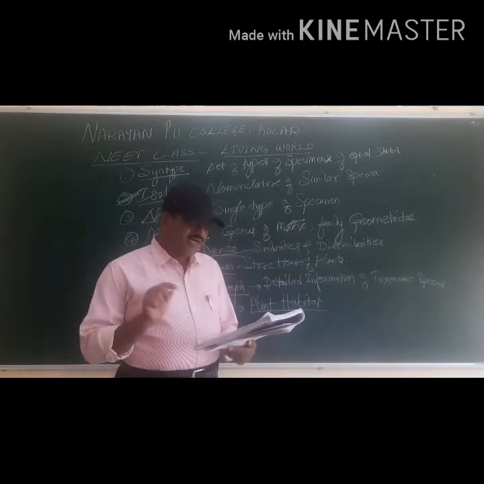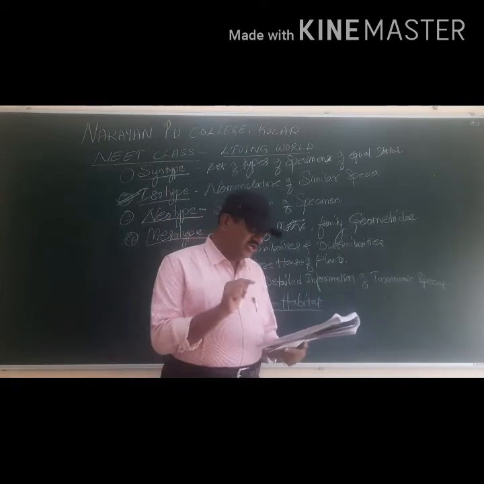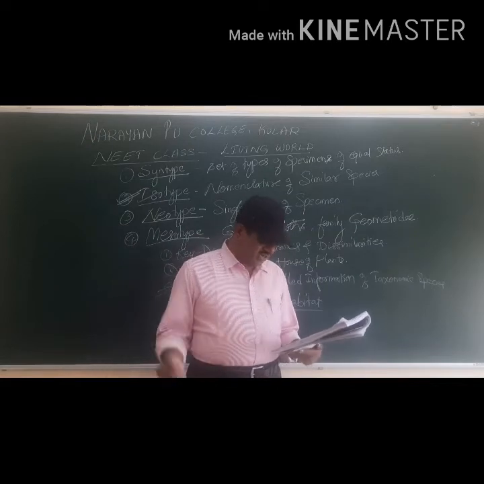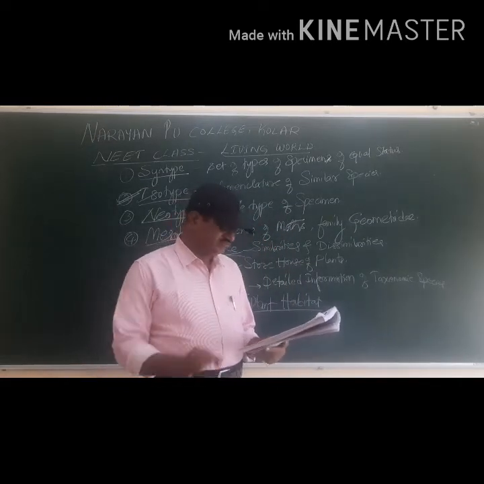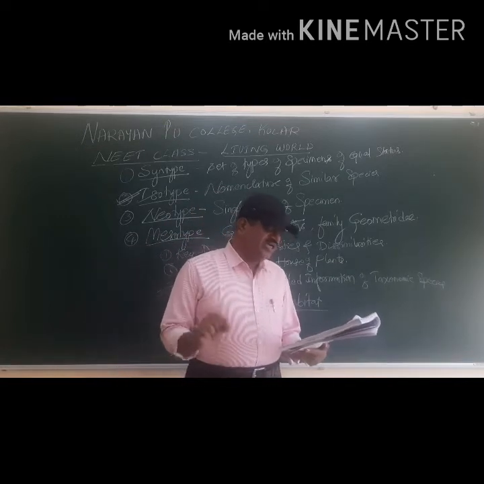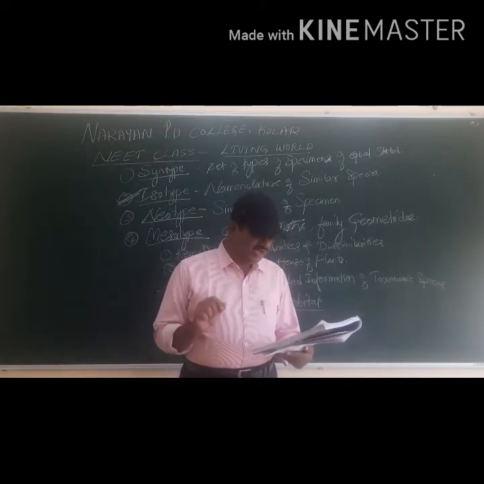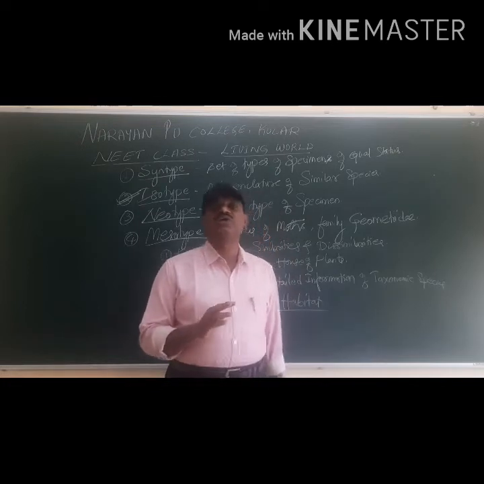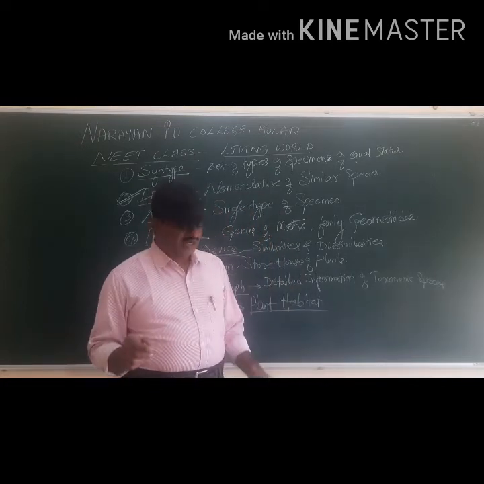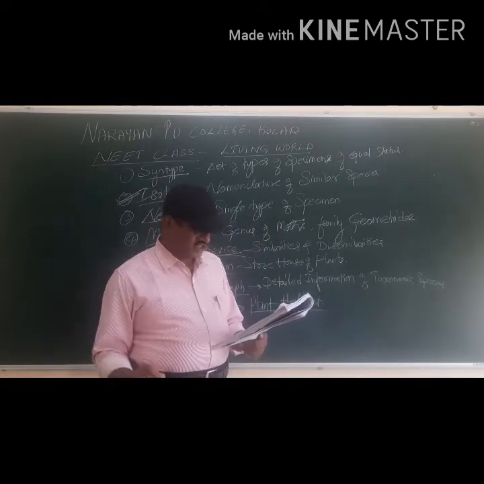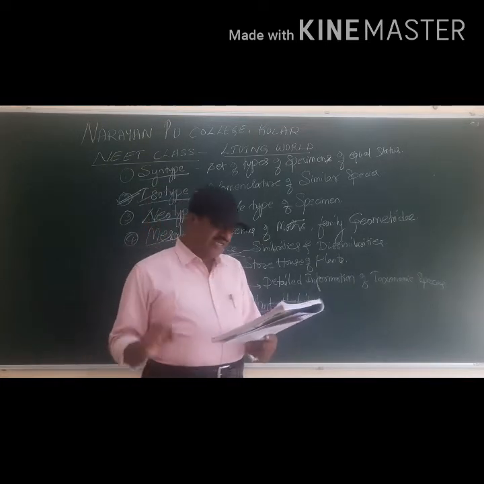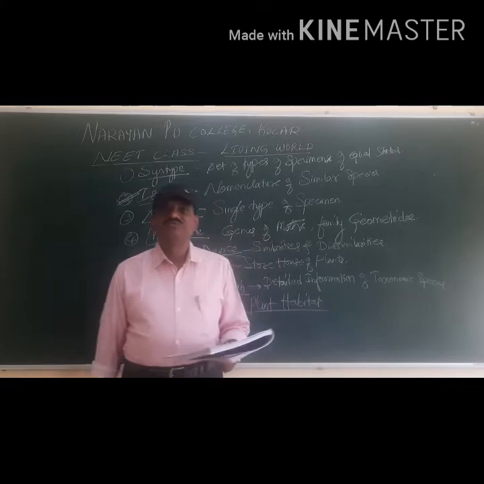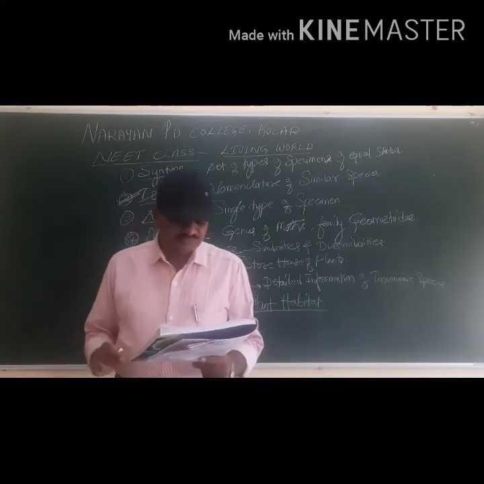It is not the definition of a population. Next, reproductively isolated. Reproductively isolated means reproductively separated, so even this is not the answer. The right answer is interbreeding. We will go for the next question.